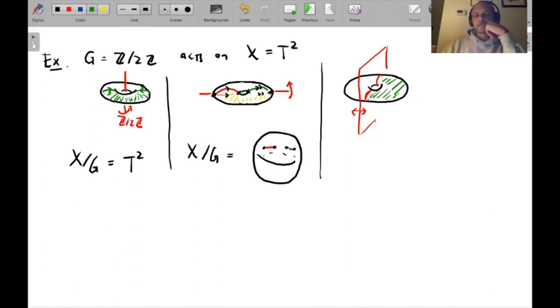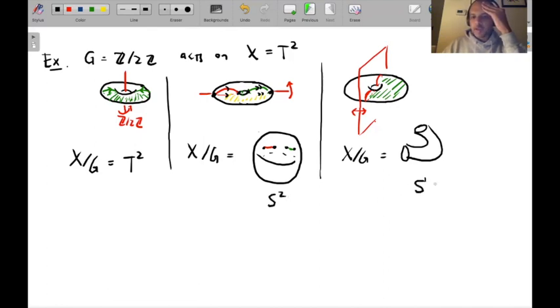And in fact, each of the points on these red circles is their own orbit, because these points are fixed by the group action. So here, X mod G is an annulus. It looks like this. So this is S2 and this is S1 times an interval.